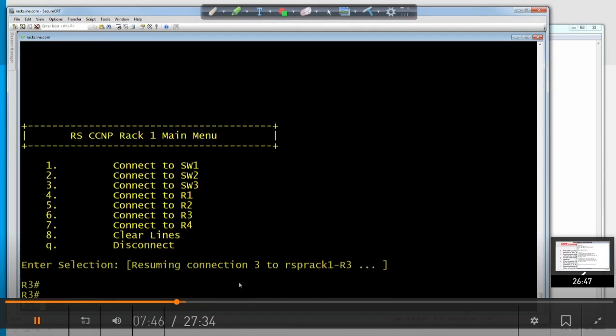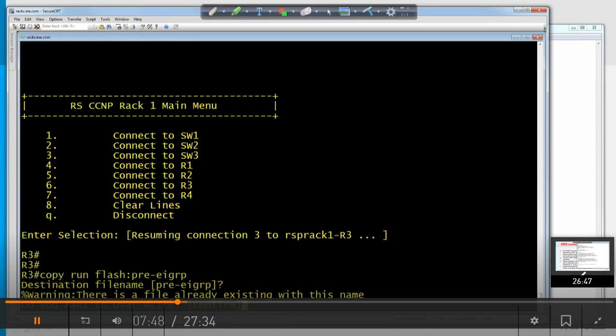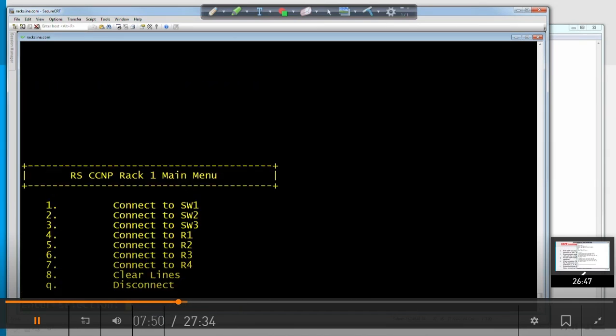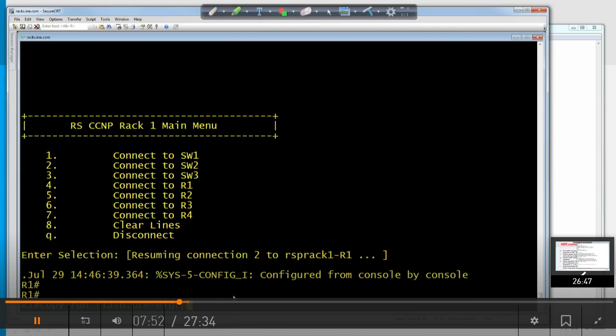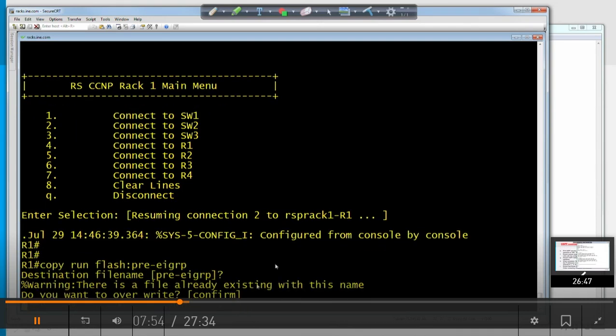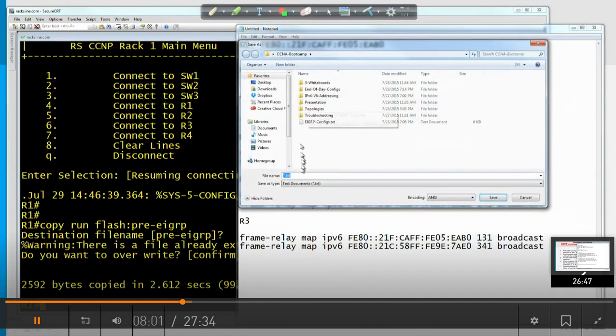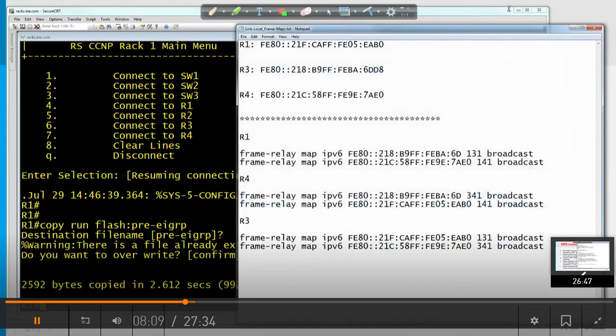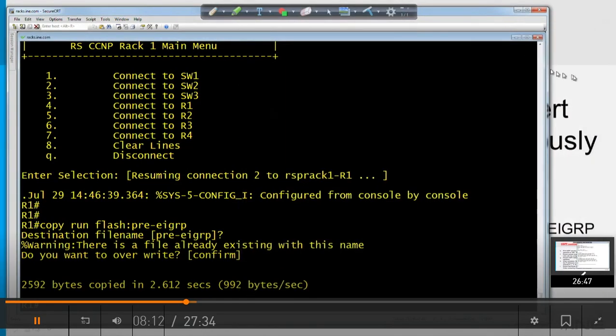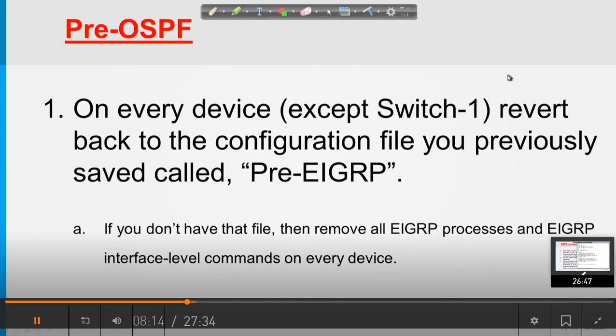Here's R3 and R1. Okay, so we are now, you know what, let's go ahead and save this guy. Okay, so we just did that.